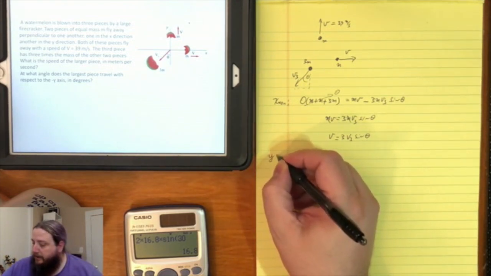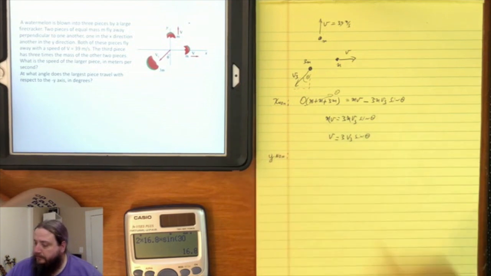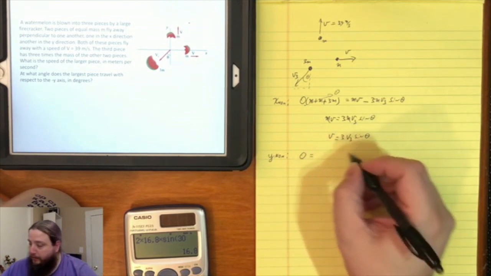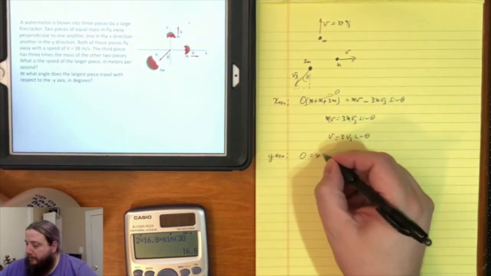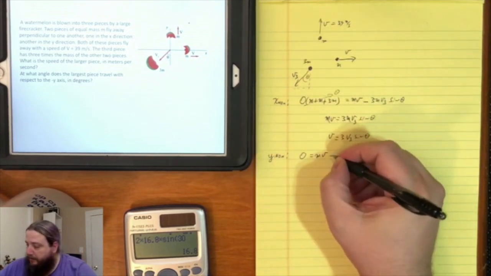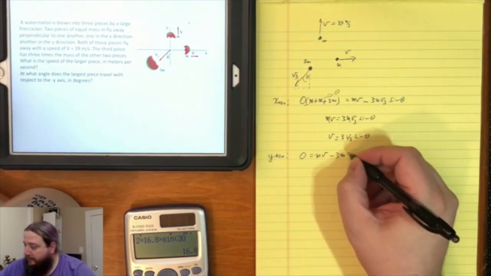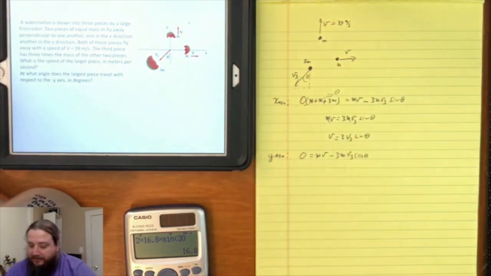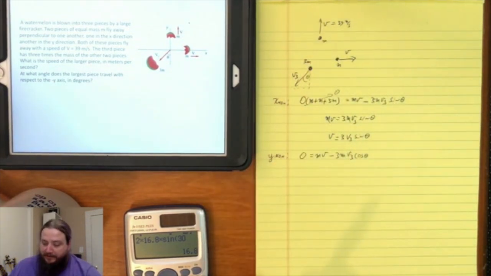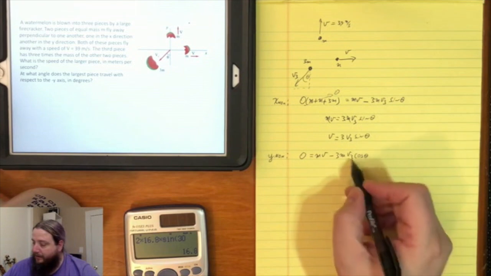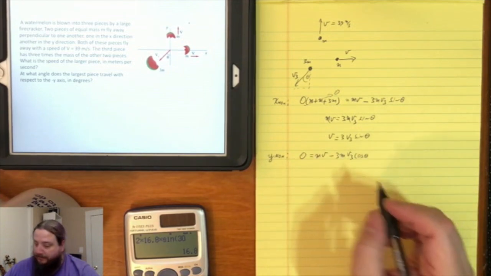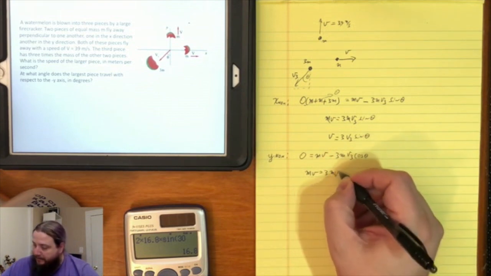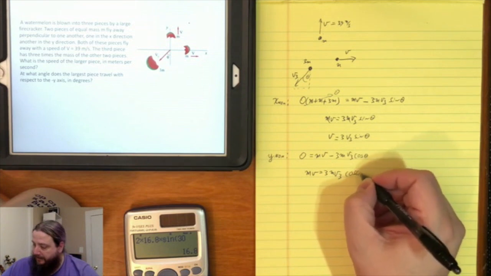The vertical, or y, component of momentum conservation is going to give us, again, 0 on the left is equal to m moving at v upward minus 3m v3 cosine theta, because that's the adjacent side. Negative because it's pointing downward. Again, we can set those things equal since this difference is equal to 0. So mv is equal to 3m v3 cosine theta.